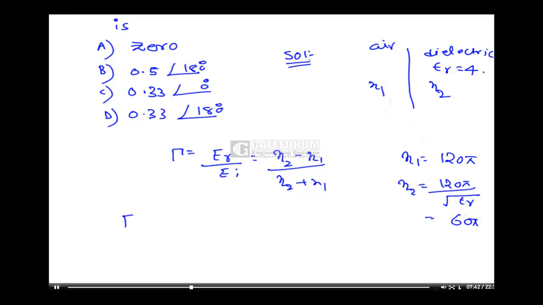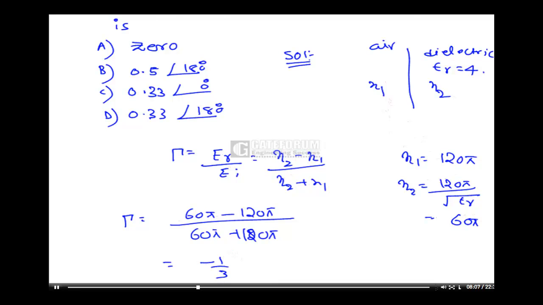Then tau is equal to 60 pi minus 120 pi by 60 pi plus 120 pi. This is nothing but minus 1 by 3. So what is the magnitude?